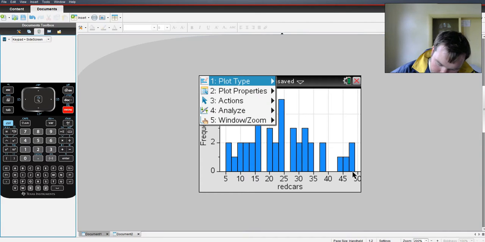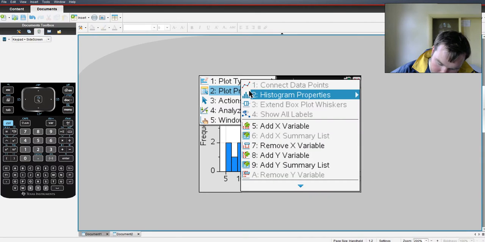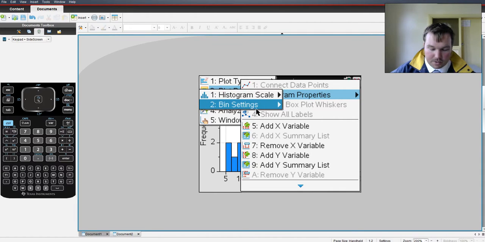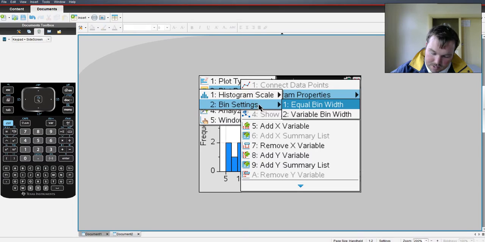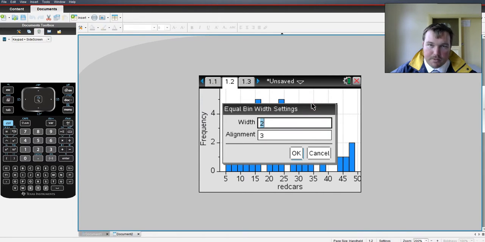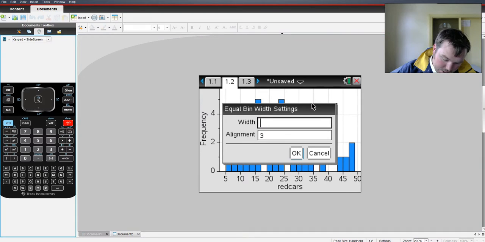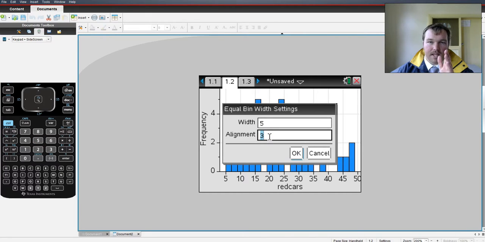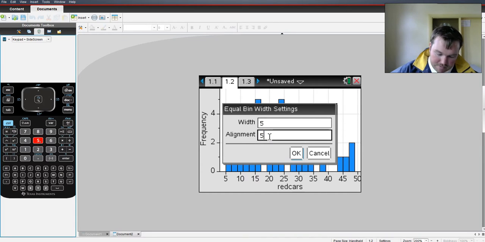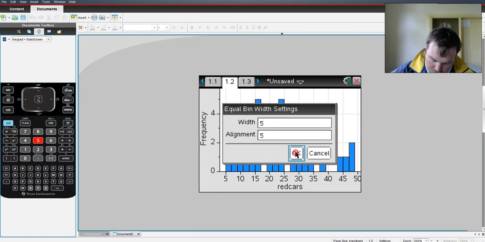Alright, menu, we want to go plot properties, histogram properties, bin settings, so we want to adjust the bracket size. We want to have an equal bin width, and we want the bin width, instead of being 2, to be 5, and the alignment is the first one in. So instead of starting 3 in, here we'd like to start 5 in. So we'll go from 5 to 10, 10 to 15, 15 to 20, etc. Okay.